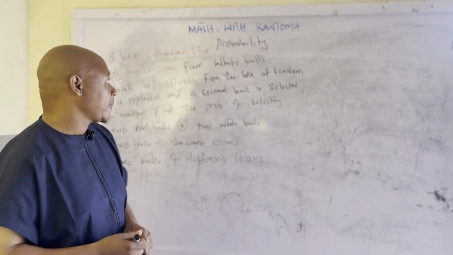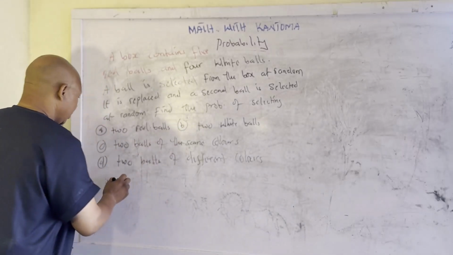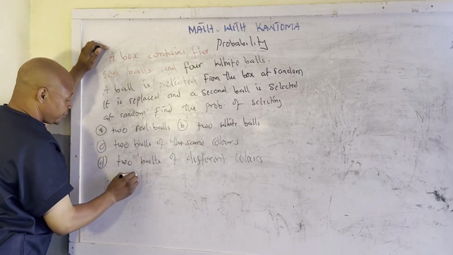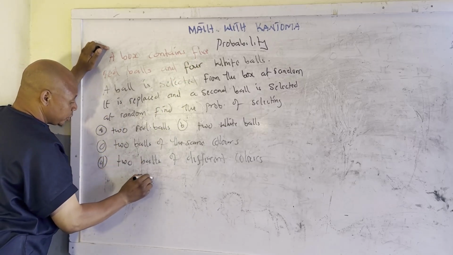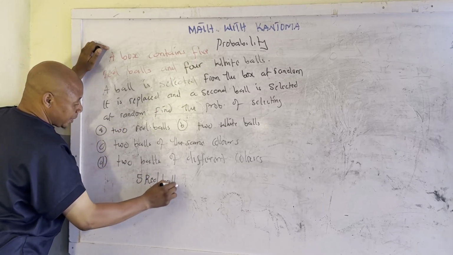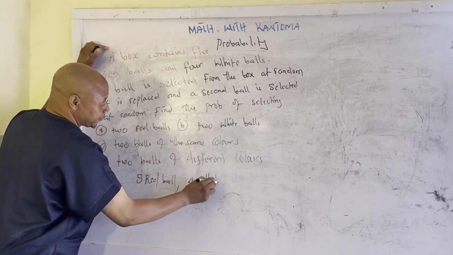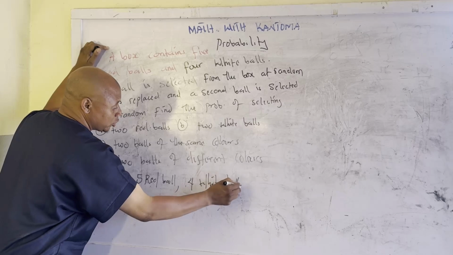So now, remember, the box contains 5 red balls and 4 white balls. These are the number of balls we have.